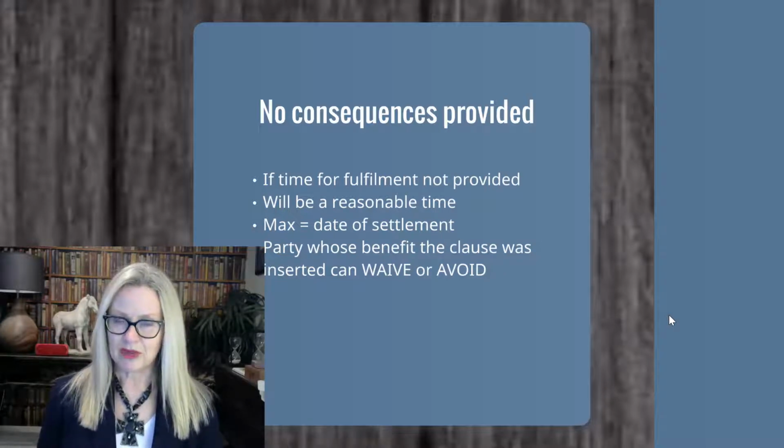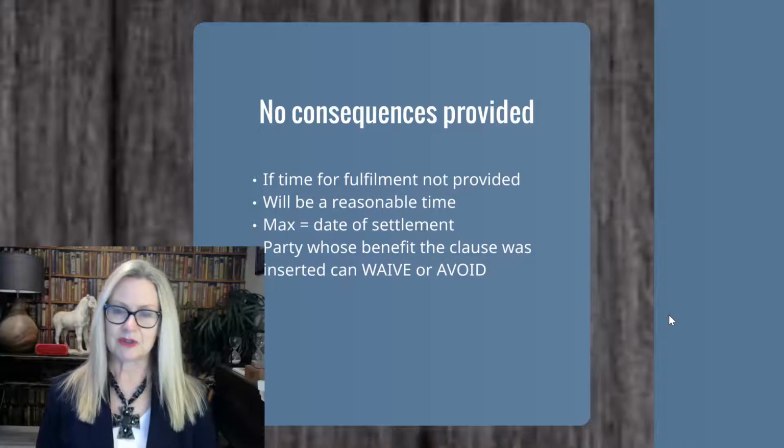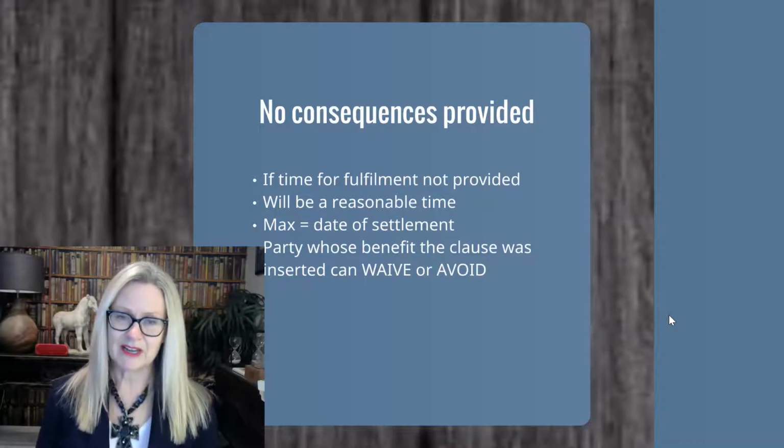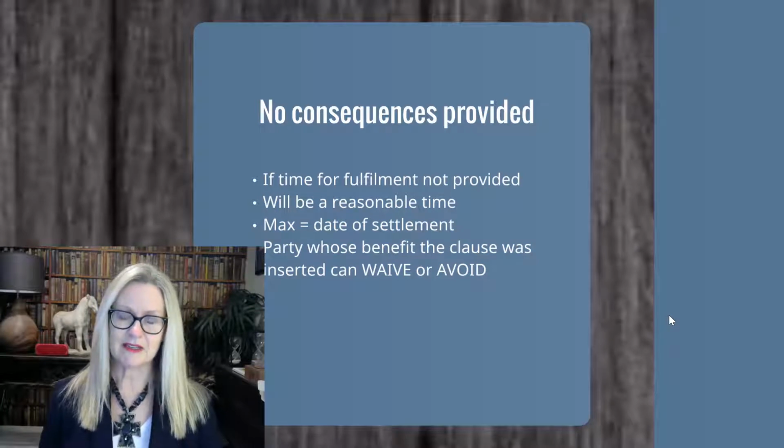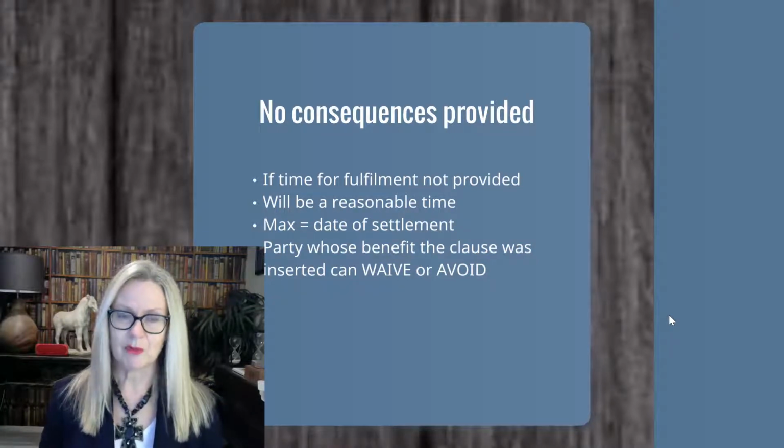So the way that it works really is that you're thrown back, as I said before, on this notion of the special condition having to be fulfilled within a reasonable time. The maximum time allowable will be as at the date of settlement. The contract has obviously got to be settled at a certain date, so the special condition will have to be fulfilled by that date at the last possible moment.